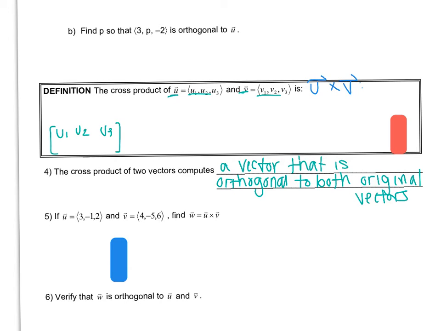It's late right now, you guys, so just bear with me. And then in the bottom row, it's v1, v2, v3. So we set these up just as a way to organize each of the entries in the vectors. All right, and now for the formula of u cross v.